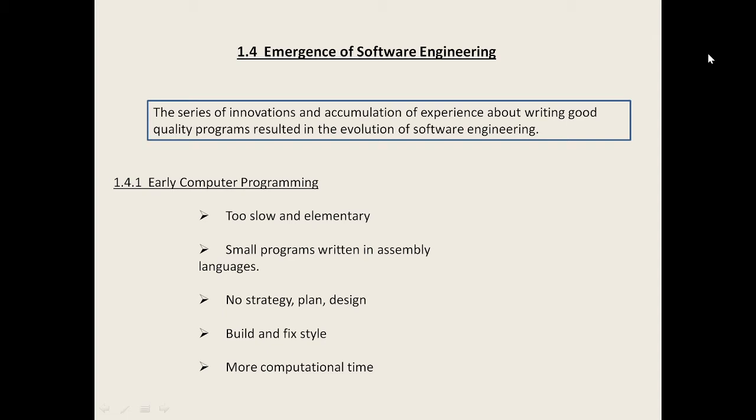We have such computers in the early stage, and as far as the programming is concerned, the more powerful the computer, the more sophisticated work could be done using that computer. But for early computer programming, the computer itself was not that much developed, so the programming is also too slow.